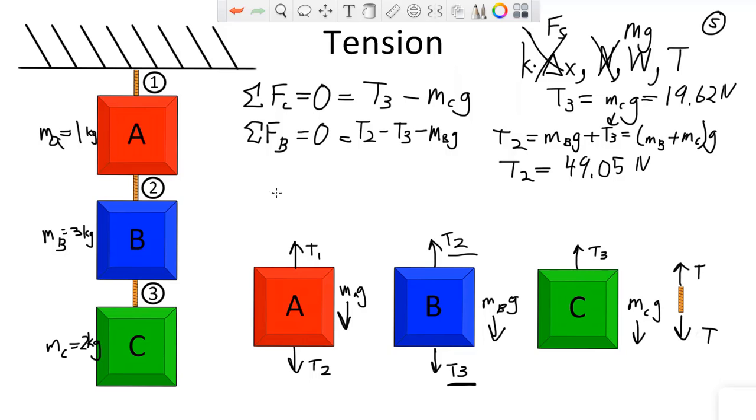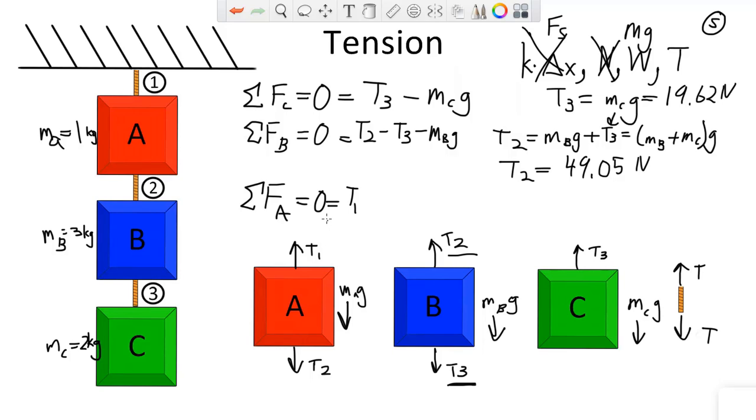Now if we do the sum of the forces on A in the y direction, that's going to equal 0 again. Now if we look at this, we have T1, and then we know what T2 is now. We know it's just this formula. So now we can solve for what T1 is. If we started from A, B, and then C, and did the sum of the forces in that order, we'd be doing it backwards almost. But it's still fine.